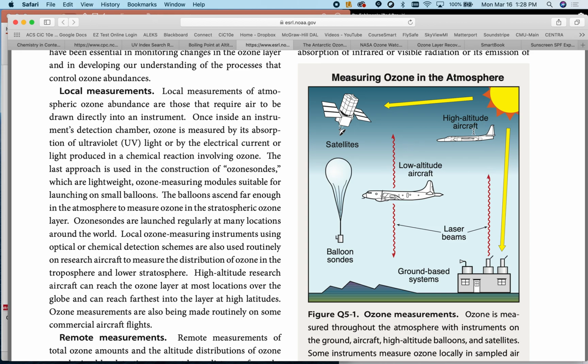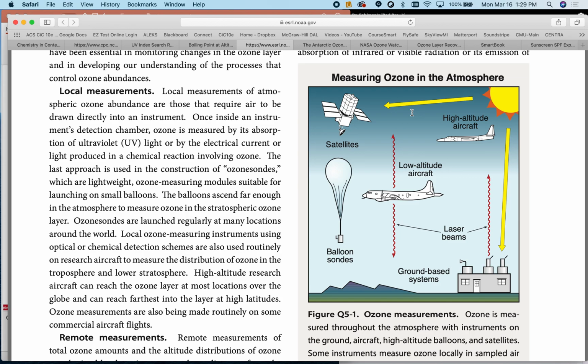And then you can use aircraft or satellites. Again, with satellites you can shoot lasers through the layer, and then when it comes back, depending on the angle, you can get information about the thickness of the ozone layer. I think in the textbook we show the space shuttle.